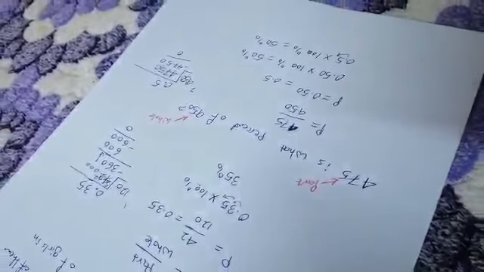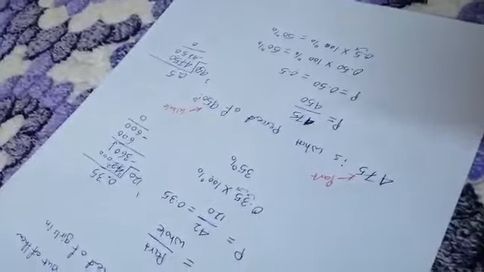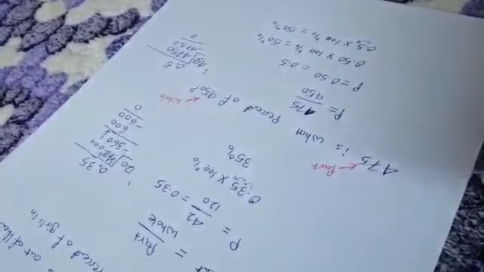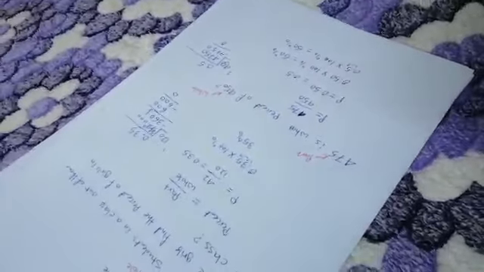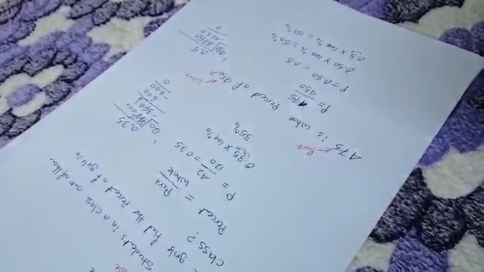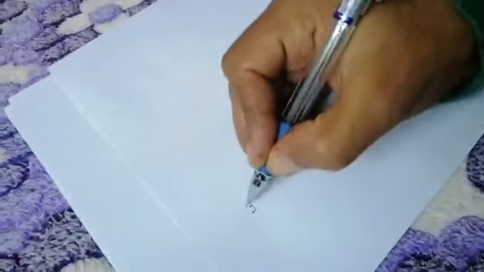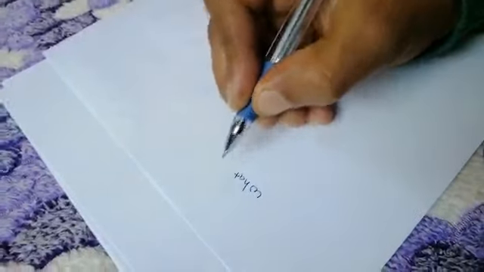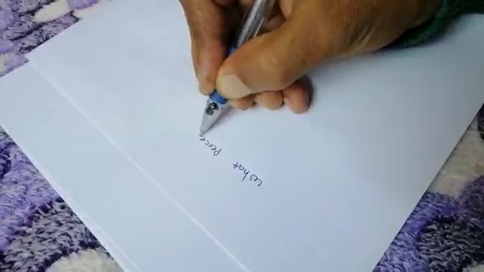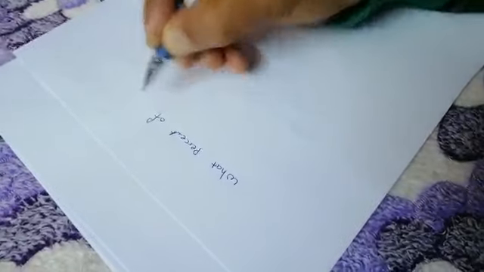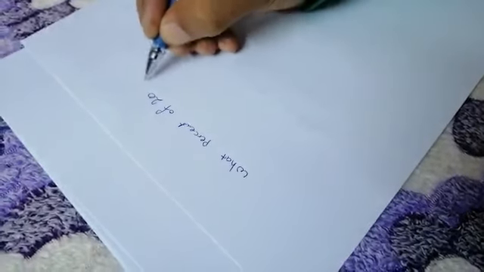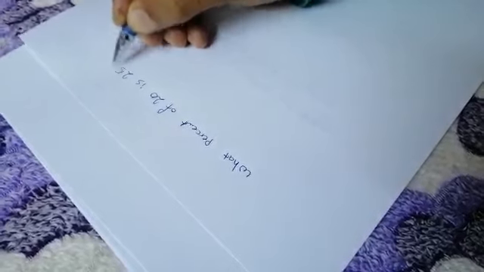Okay guys, now sometimes he asks what percent of a number is equal to another number. Here maybe we have a percent more than 100. Okay, for example, what percent of 20 is 25?